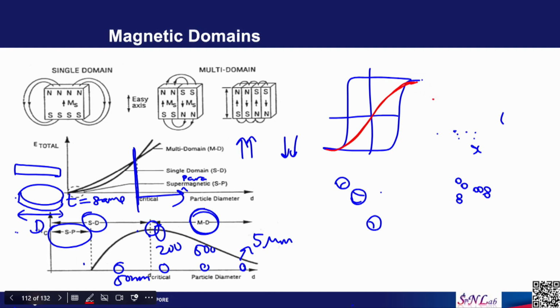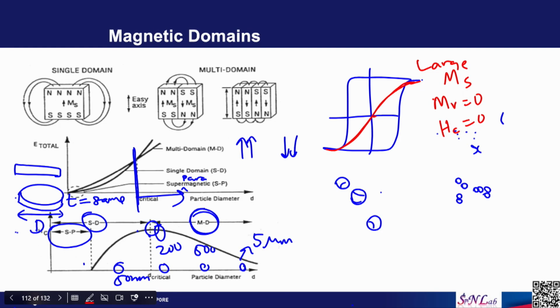You can see the super paramagnetic particle still has a large MS, but it has 0 remanent magnetization and coercivity is 0.